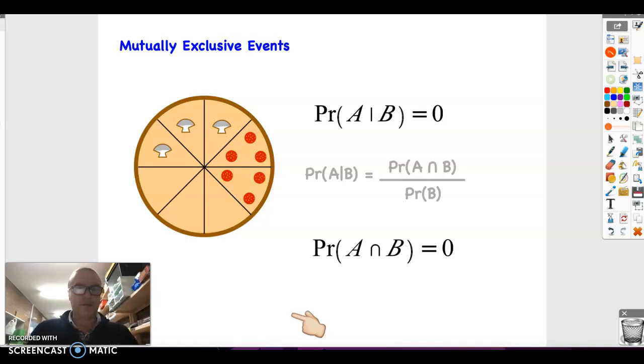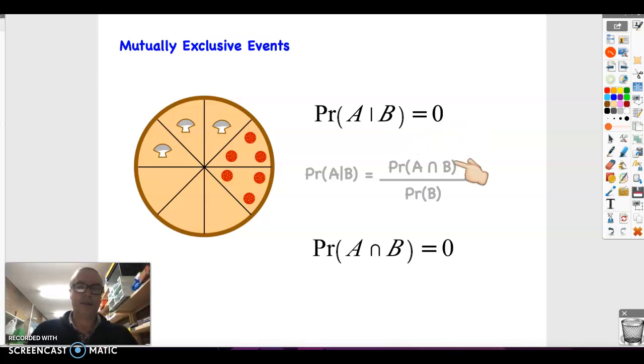You can see here I've got a picture of a pizza. It's been divided into 8 equal sections. Some of those pieces include mushroom, some of the pieces include pepperoni. We can see that there is no overlap of pepperoni and mushroom. So the probability of getting pepperoni, given that you've got mushroom on one of your random pieces, is going to be 0.